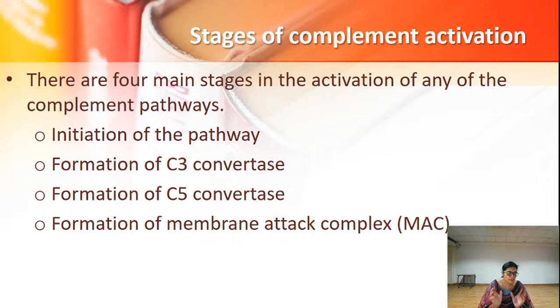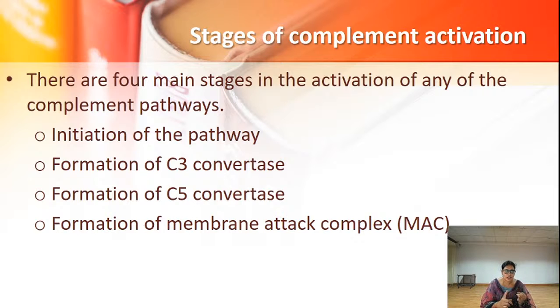What are the fragments we get in the complement? From C1, 2, 3 we get an A fragment and a B fragment. Which is active, A or B? B is active and goes through the pathway, and A comes out. If you remember this simple tip, then you can write the complete pathway.